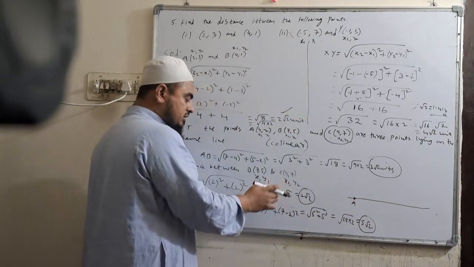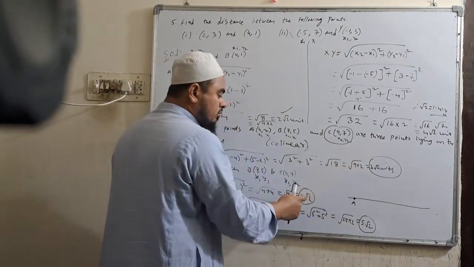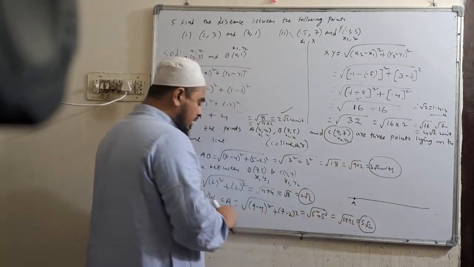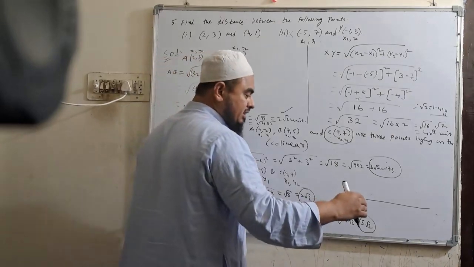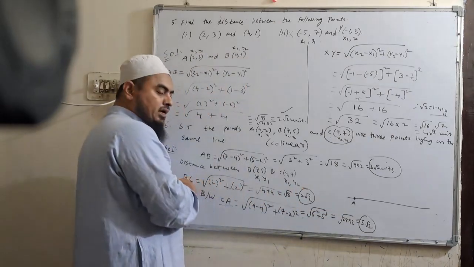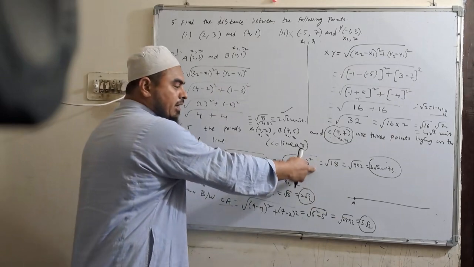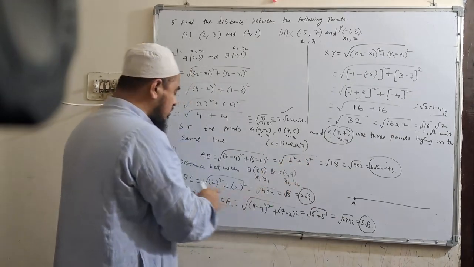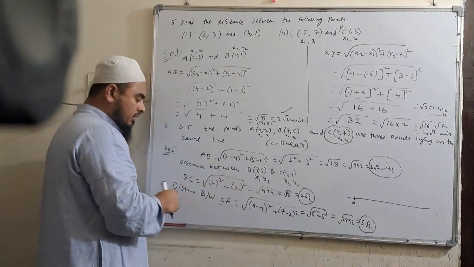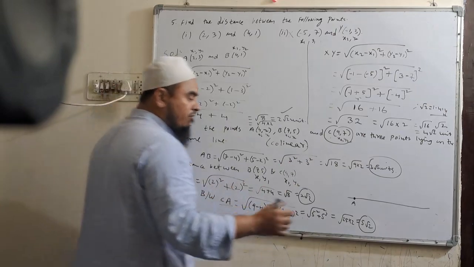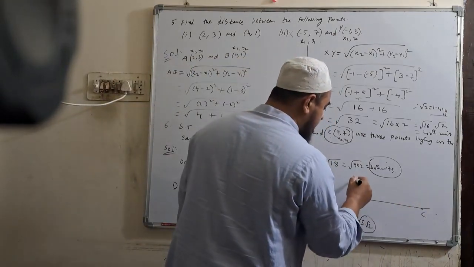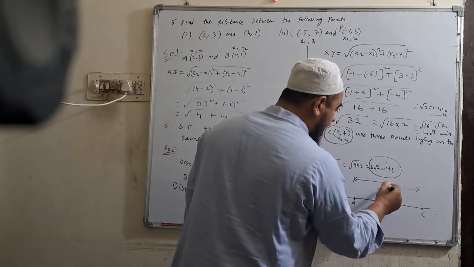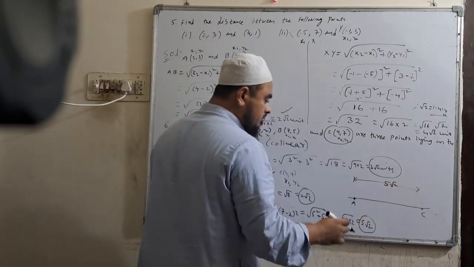If you observe these three values, 3 root 2, 2 root 2, 5 root 2, you can see that CA or AC is the longest length when you compare with BC and AB. AB is 3 root 2, BC is 2 root 2, and AC or CA is 5 root 2. So C, you can take here, and the distance between these two is 5 root 2.